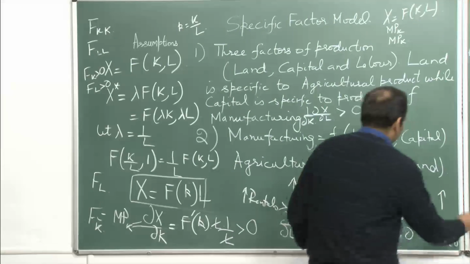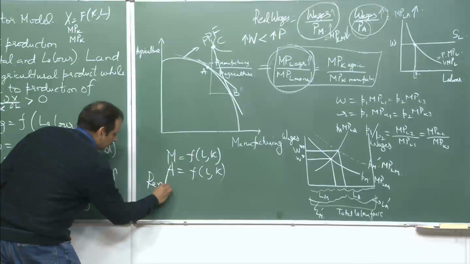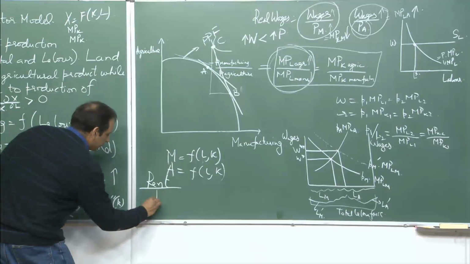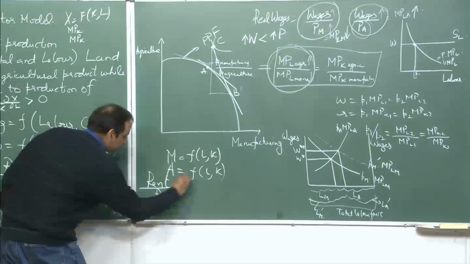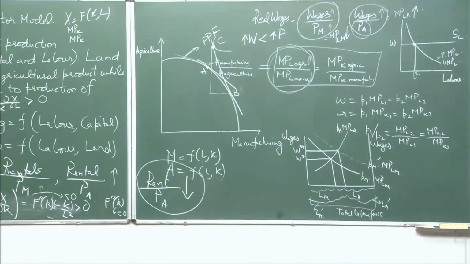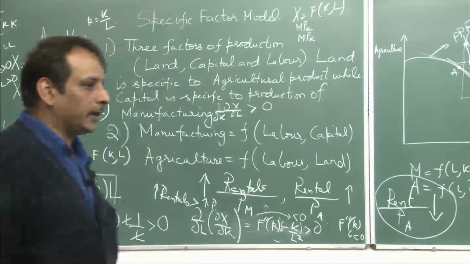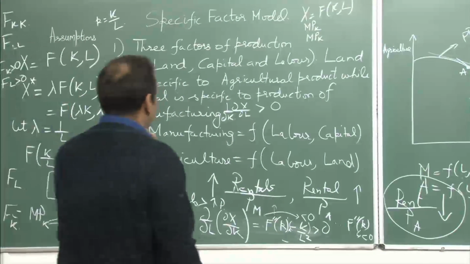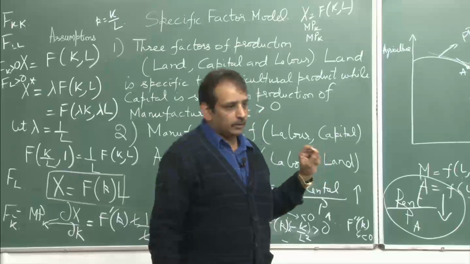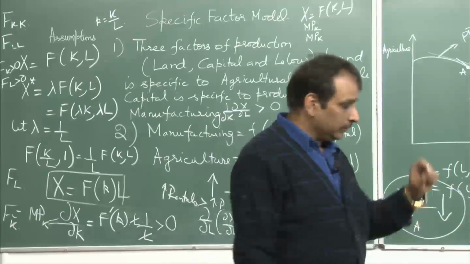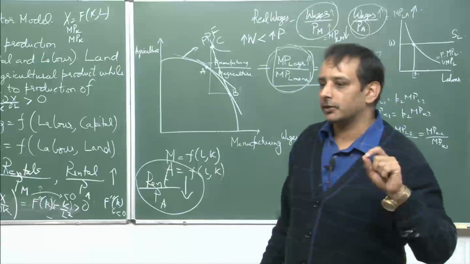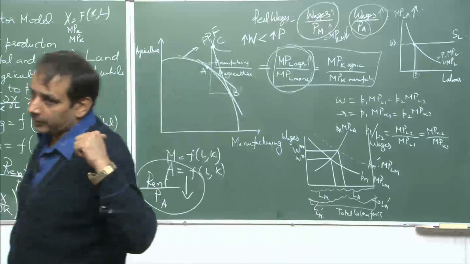So, then rent, which is the return to land by price of agricultural sector, this goes down. So, then the final result of the specific factor model is that the specific factor in the export sector gains and the specific factor in the import competing sector loses with trade.